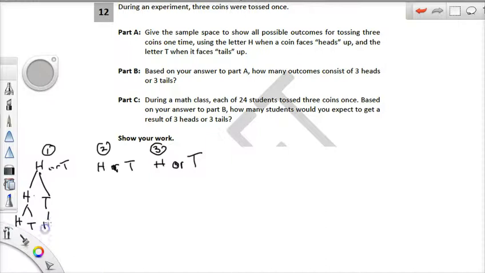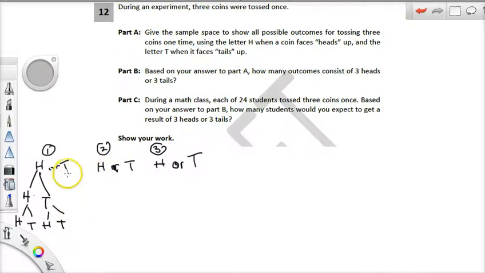So basically, you flip the first time, you get a heads, and then your next coin could be heads. If you get heads the second time, your third coin could be heads or tails. If the second coin was tails, your third coin could be heads or tails.